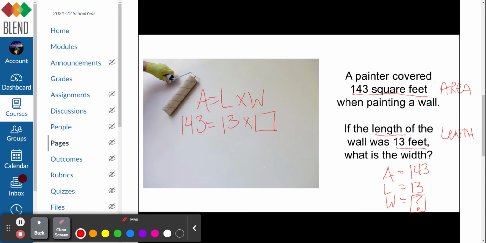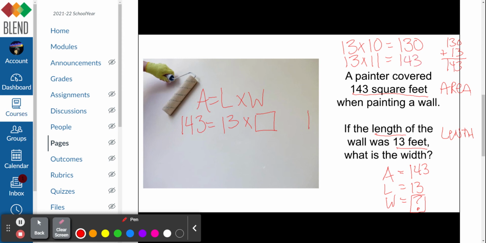So what would 13 times 10 be? 13 times 10 would be 130, right? We're looking for 143. So what would 13 times 11 be? If we added 13 more to 130, that'd be the same thing, right? So I think I figured it out already without having to long divide. So it looks like it's 11.